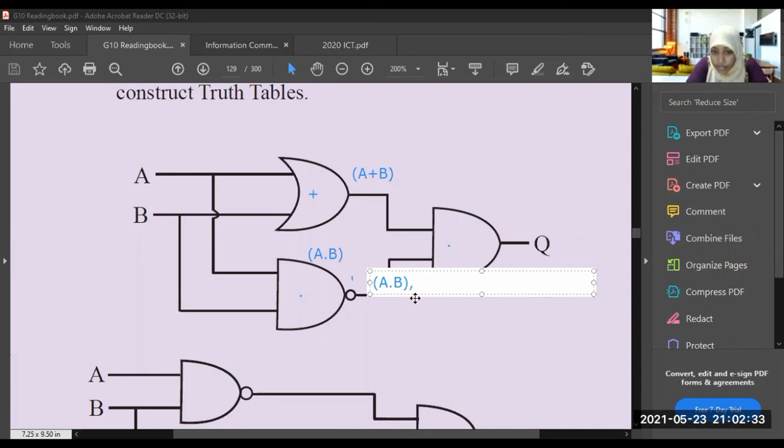Now understood this one, everyone? Until this, did you understand? It is fully becoming bar. We are not putting the bar separately because the whole thing comes out inverted.